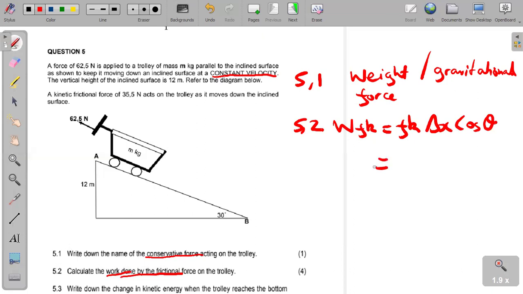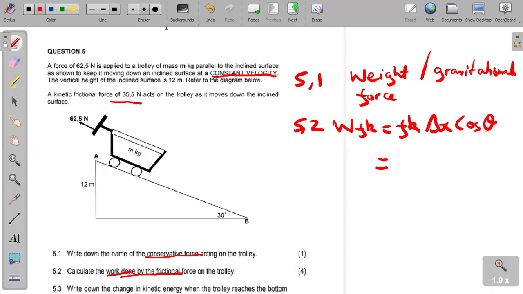Kinetic frictional force we've been given: it is 35.5 Newton. It's also very important to remember that kinetic frictional force always acts opposing the motion of the object, so it is not acting in the same direction as the displacement.